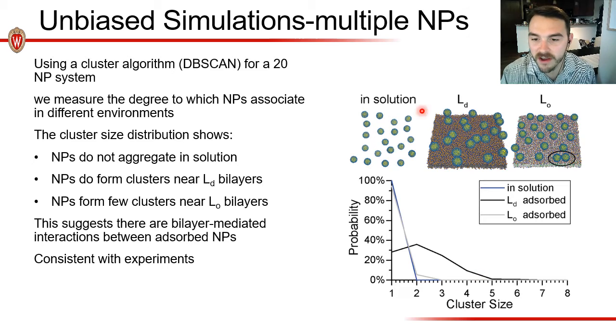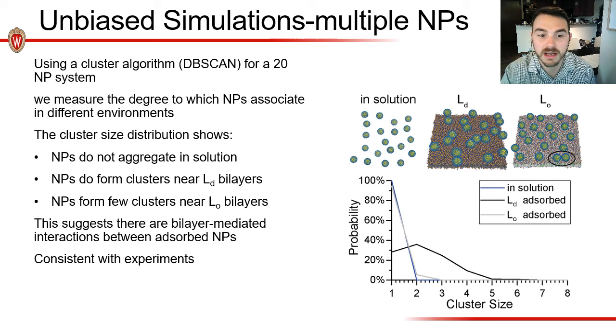And we can quantify that using a cluster size distribution, where we measure the probability as a function of the actual cluster size. So what we see is that nanoparticles don't aggregate ever in solution. They do form many clusters in the liquid disordered absorbed state, where you see this large widened distribution of cluster sizes, and they do form a few clusters near liquid ordered bilayers.